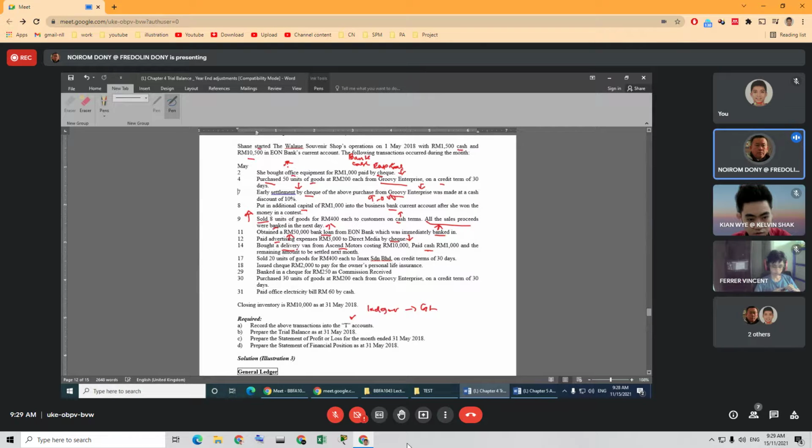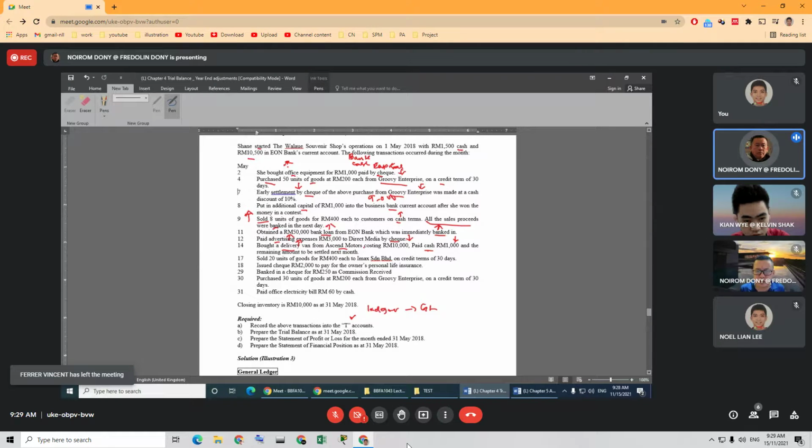One is delivery van, and then we have other payable because this is not a trading item, isn't it? And then we have cash. So cash reduced 1,000. The delivery van increases and other payable also increases.